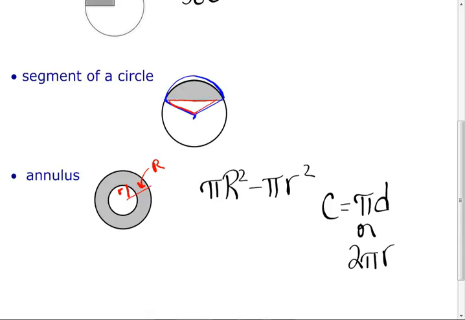So the equation: you start with the sector, which is A over 360 degrees times pi r squared, and then you take away the triangle, 1/2 base times height. The problem solving is going to occur in deciding if you're adding triangles, taking them away, or how you're cutting up the pie, basically. That's the formula for a segment.